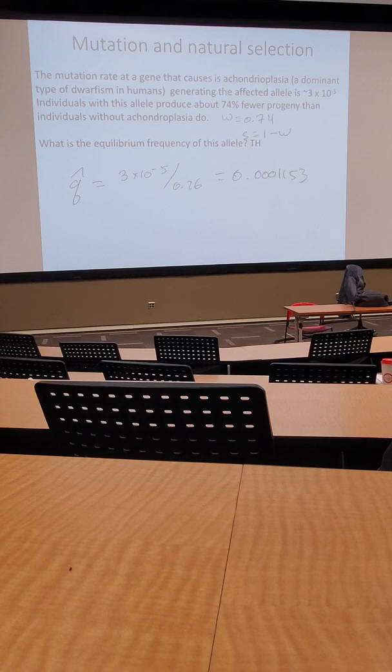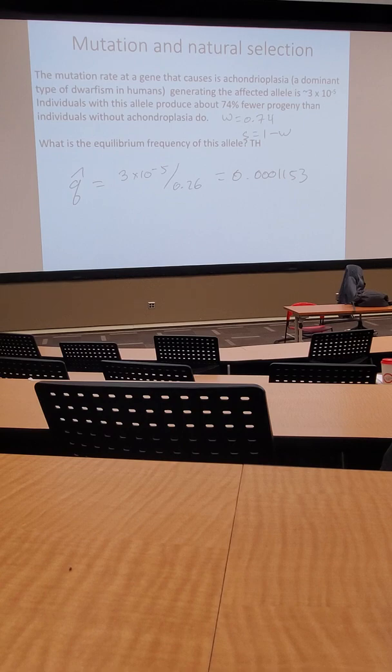You know what's really interesting about this example? That is the frequency of achondroplasia in the human population. So we take different pieces of evidence. Let's measure mutation rate, let's measure fitness, let's make a prediction. It's like they're independent pieces of evidence that actually corroborate the frequency of achondroplasia in the human population.